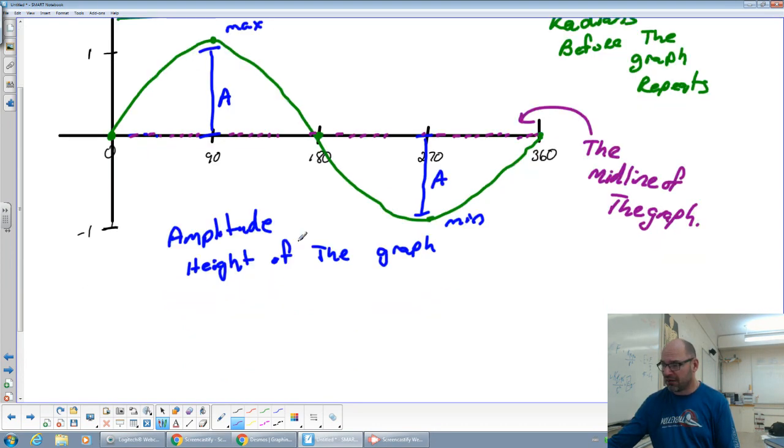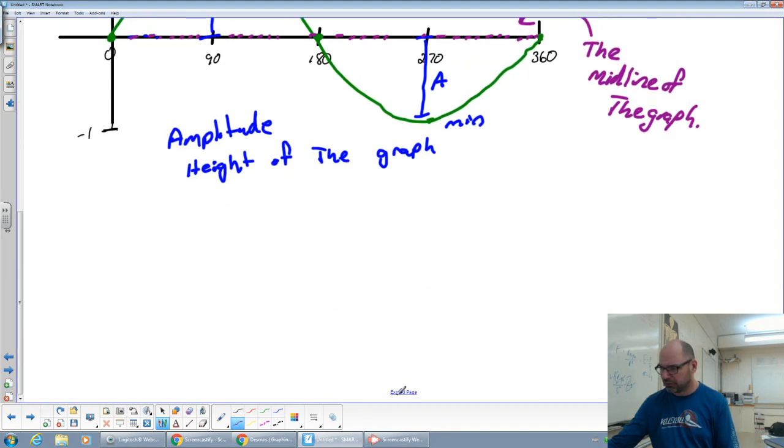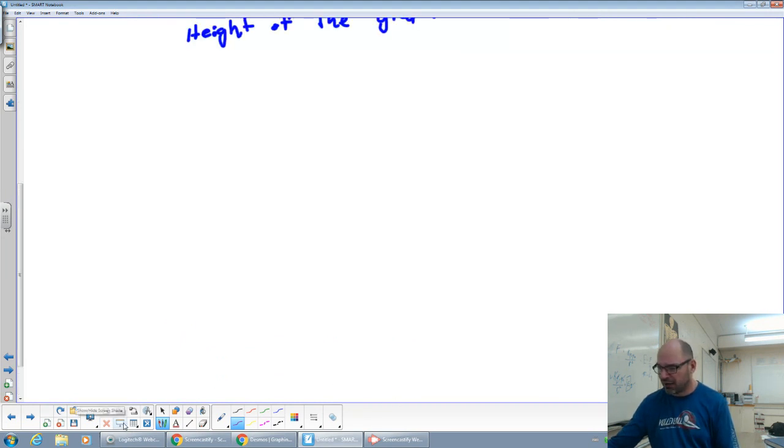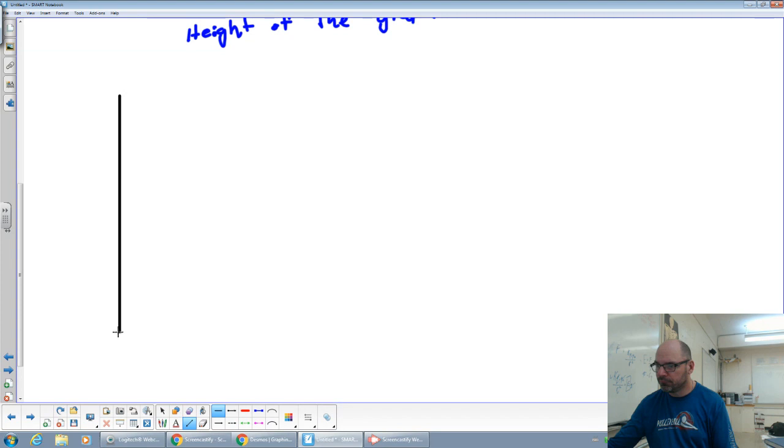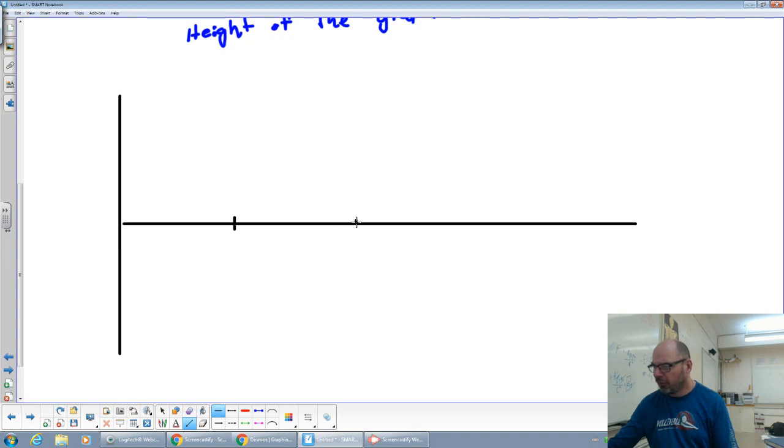Okay, the cosine graph is a little bit different, but not much. If we do the cosine graph right underneath, okay, 90, 180, 270, and 360. So the cosine graph is a little bit different in the first part of the circle. It starts at 1 because it's laying down on the x-axis, and the cosine graph is equal to x.